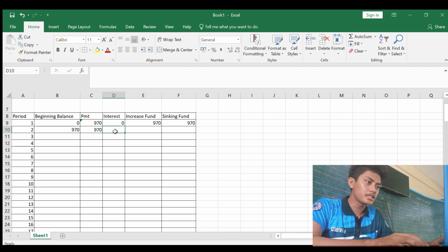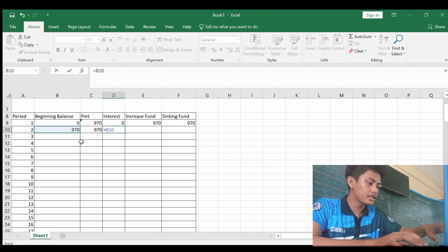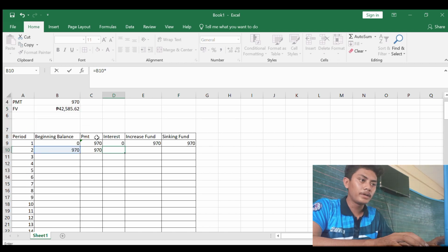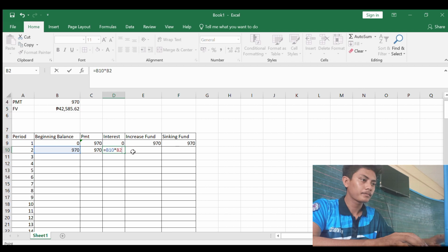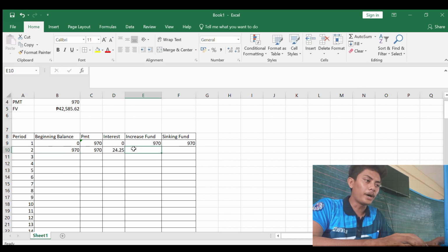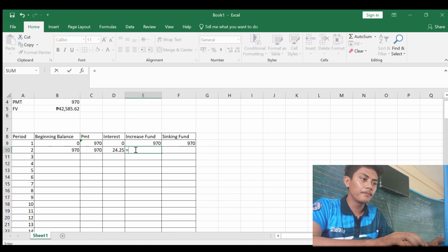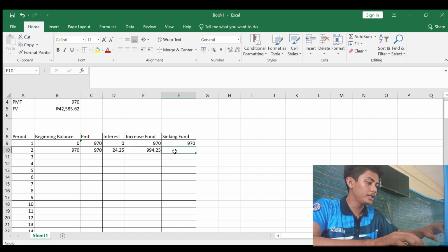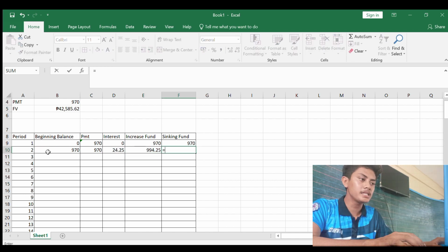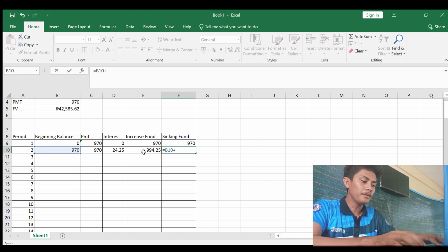Then our interest now is equal to the beginning balance times the rate, or 0.025, then enter. Then the increased fund is equal to the PMT plus the interest. Enter. Then the sinking fund is equal to the beginning balance plus the increased fund.